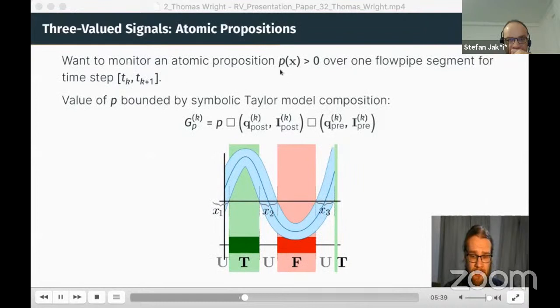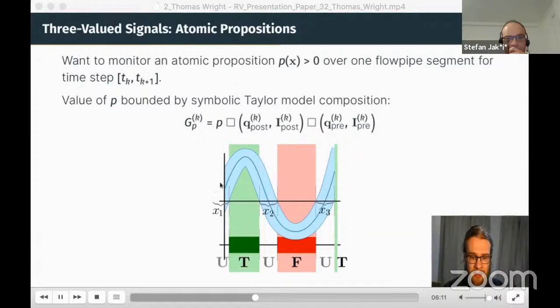When we wish to monitor an atomic proposition, which is given as a polynomial inequality featuring a polynomial p over the system variables, we need to first get a handle on the value of p over a particular flowpipe segment. We can do this by taking a symbolic composition of Taylor models, both the two halves of the flowpipe and the polynomial p, which gives us an interval function.